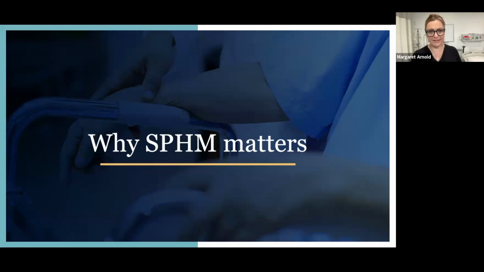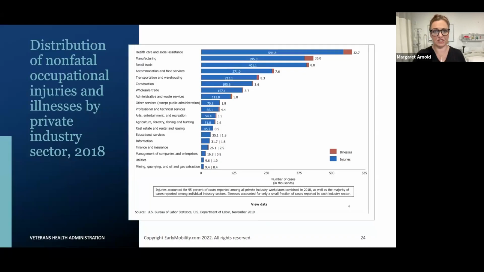We've heard why mobility is so important. What about the importance of the safe patient handling technologies? We know that caregivers consistently rank in the highest industries most likely to get hurt at work.